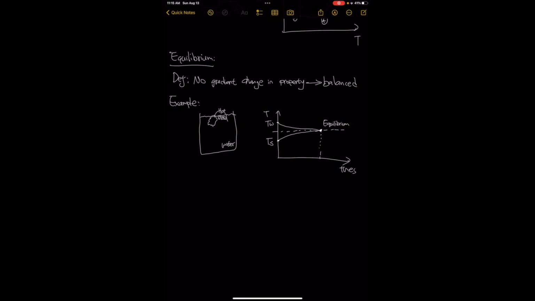Okay, so here's the difference. In thermodynamics, we care about the different states, like the initial state or the final state, but we don't really care about what happened in between them, right? The process, like how does the temperature change? What's the temperature gradient for either water or steel? How does it change with time? If you're really interested in anything happening in between, you should later on take heat transfer.